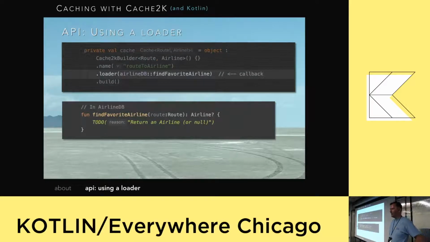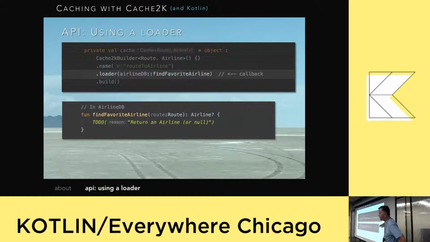So Cache2K gives you the ability to attach a loader, which I'm showing here. This is basically a callback, and it will do all of that stuff I just said for you. You just tell it how to load something, and it takes care of all the details, which is kind of nice. I'm showing the actual callback here. I'm doing it as kind of a method reference, but that could also be a lambda in Kotlin.